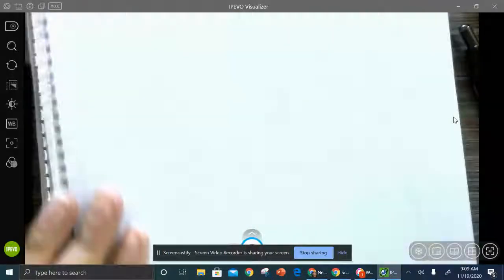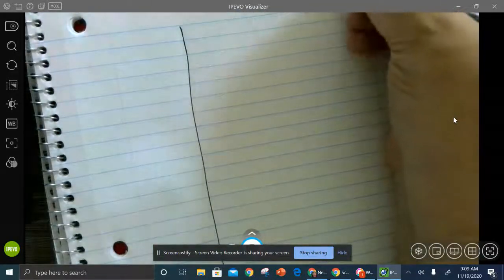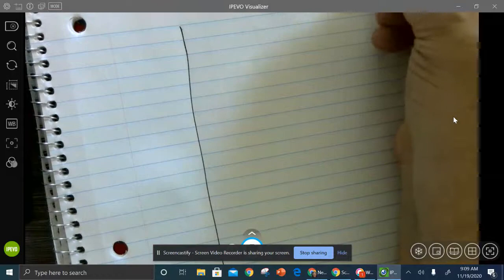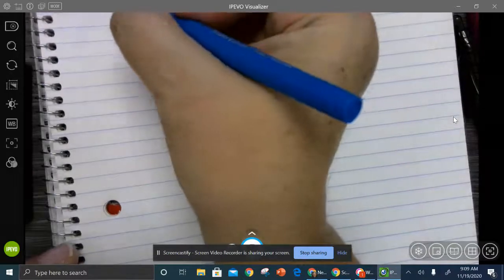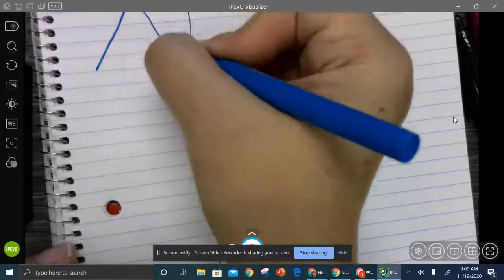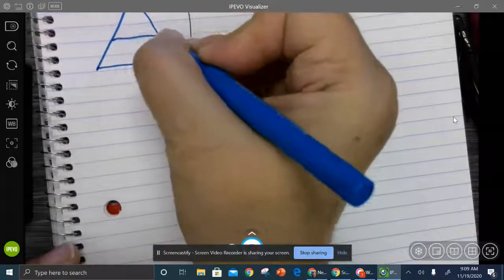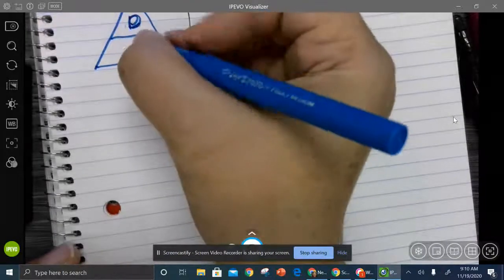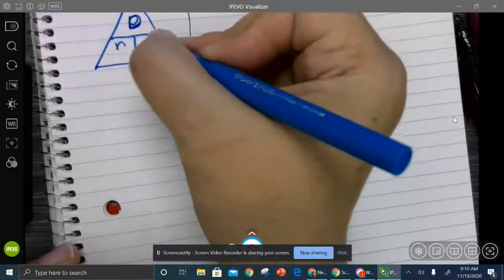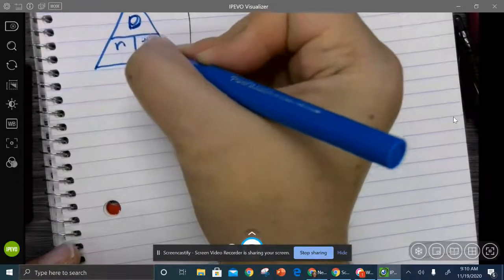Okay, so what if we needed to know the distance? We can also do this one, and then this is going to be the number of gallons.